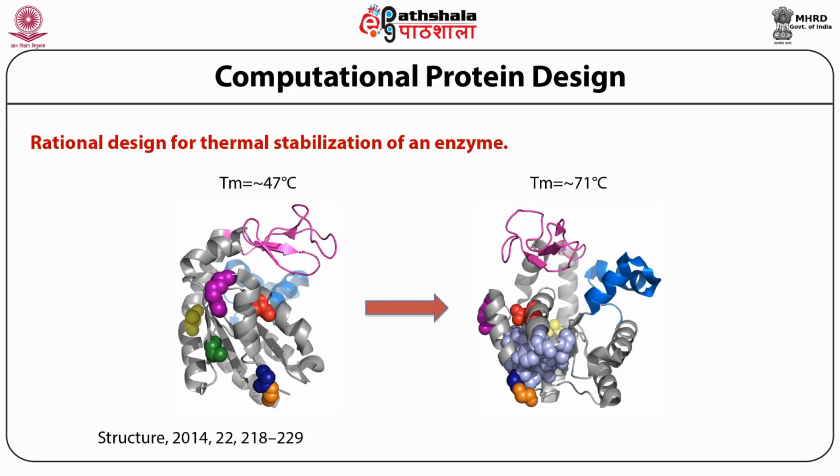So in the second picture you can see the different mutations you have done to design the core for the thermostability. So in this example they have achieved from 47 to 71 degrees centigrade. That means the protein is even stable at 71 degrees centigrade and is functional.